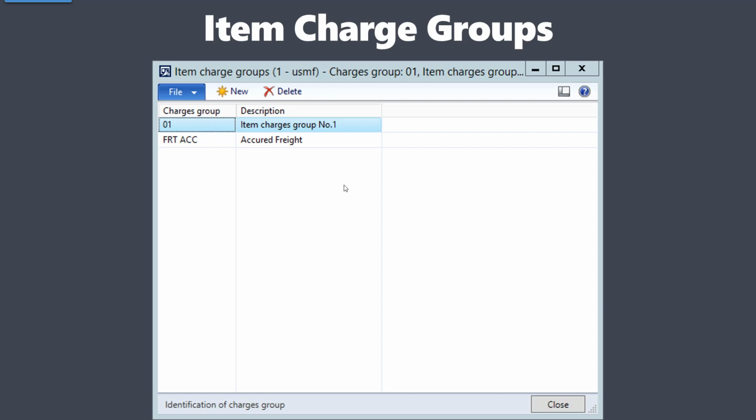Because you can imagine if you had to independently create a unique automated miscellaneous charge for every vendor and every item, that could be pretty tedious. So as much as you can group them together, the better off you really are in the long term.